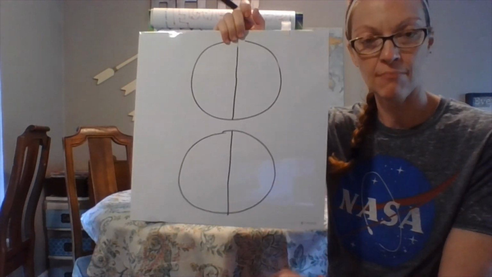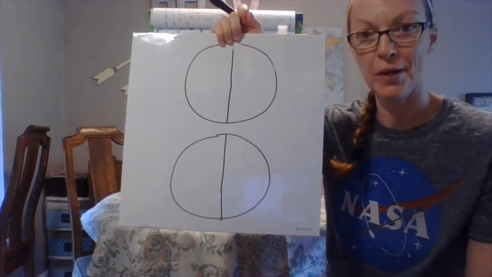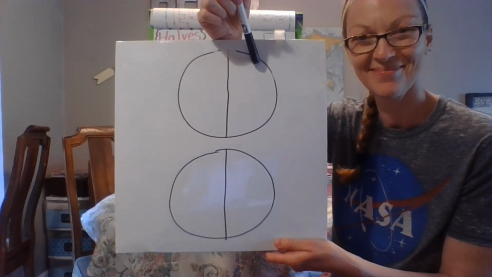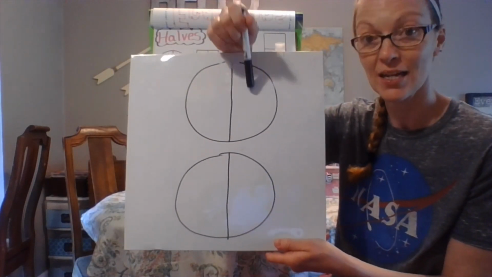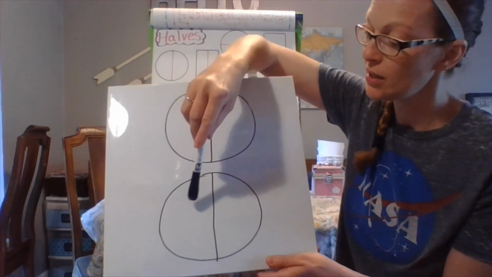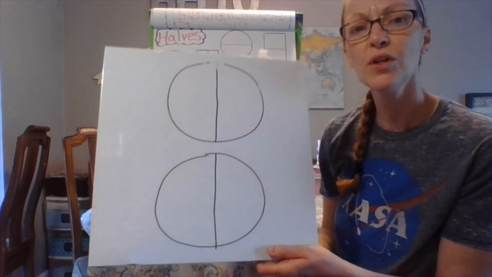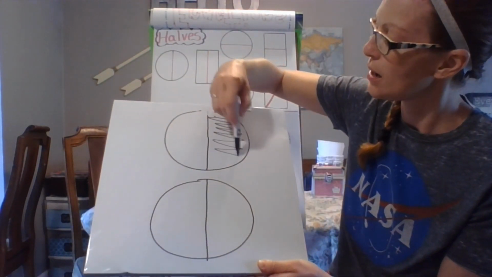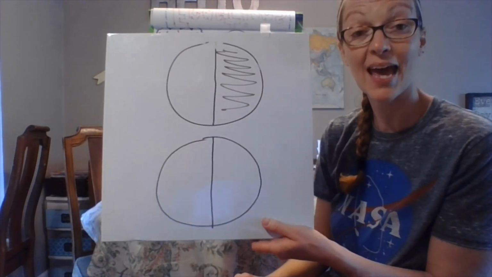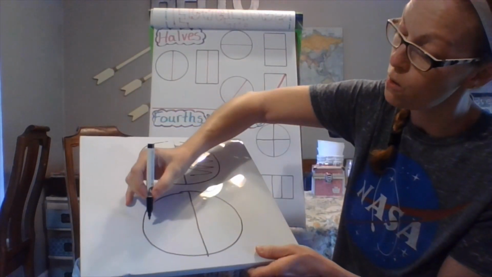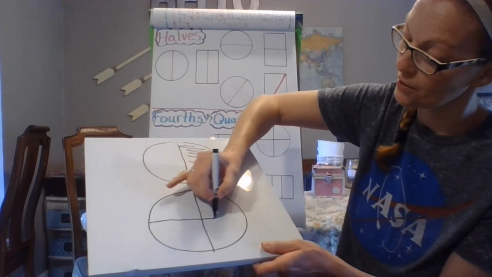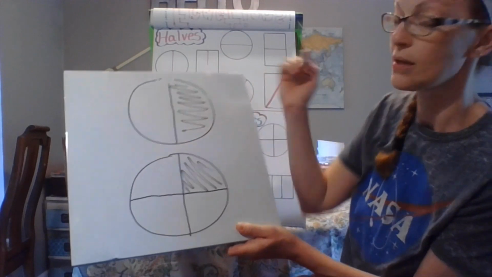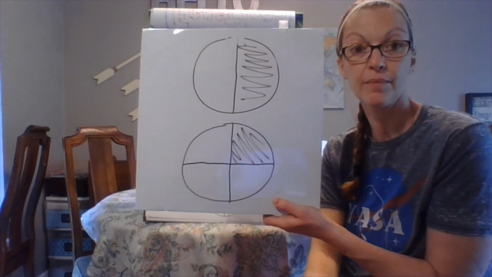I have pizza, 2 small pizzas, right? And right now they are cut in what? Cut in half. Very nice job, because there's 2 equal parts and 2 equal parts. Would you rather have a piece of pizza that is half of a pizza, or if I turn this into quarters, would you rather have a piece that is a quarter of a pizza?